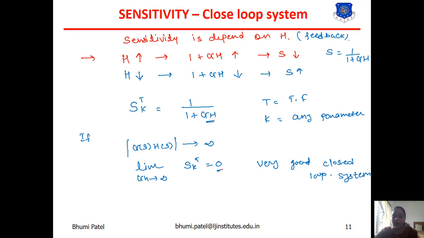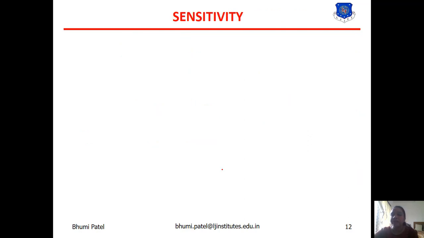Okay, now how is the sensitivity or the disturbance in a closed loop system measured? So we can take one example. Suppose we take one motor.